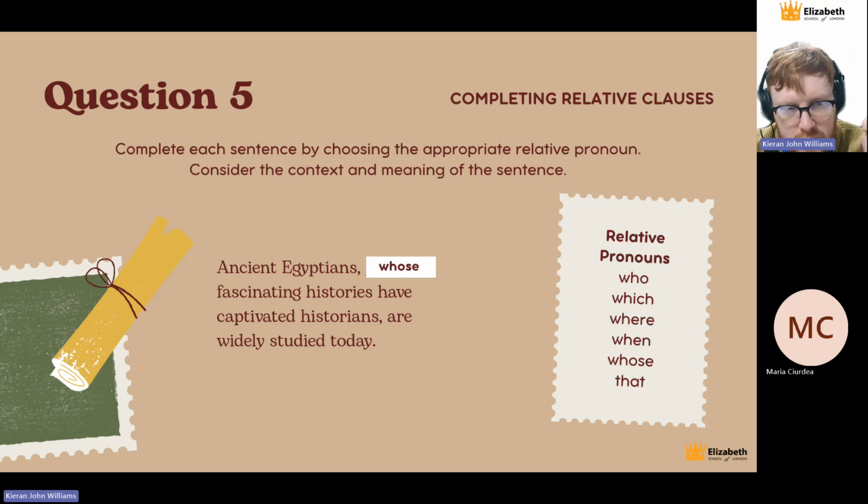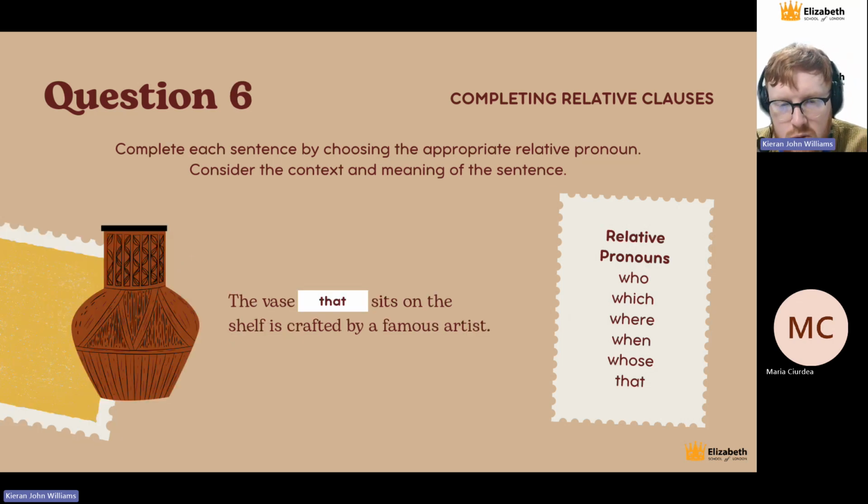Now we have one more question here. So just one more relative pronoun to use.